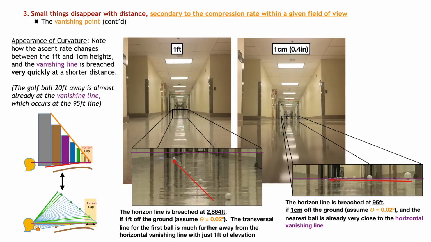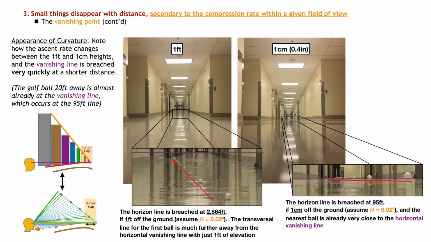So again, the golf ball is 20 feet away, it's almost already at that vanishing line. So the horizontal line for the 1 foot height is breached at 2,864 feet if 1 foot off the ground, assuming 1 arc minute, and the transversal line for the first ball is much further away from the horizontal vanishing line with just that 1 foot elevation.